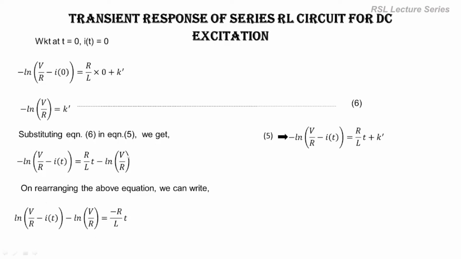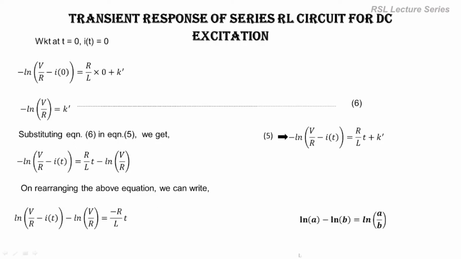Taking this term to the right hand side and the R by L into t term to the left hand side, we get ln of V by R minus i(t) minus ln V by R is equal to minus R by L into t.